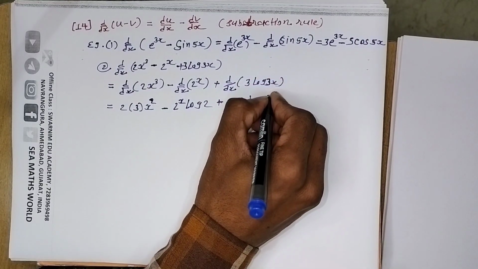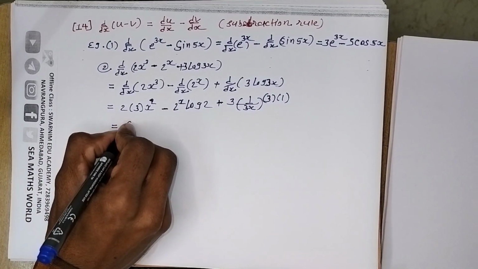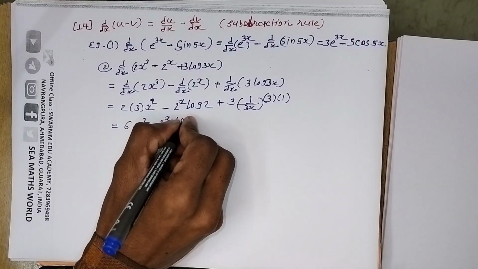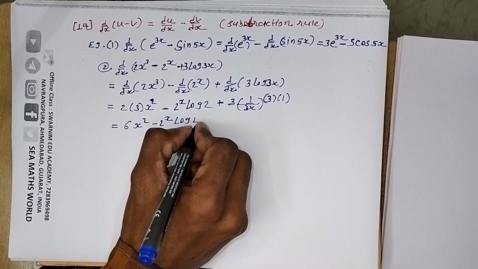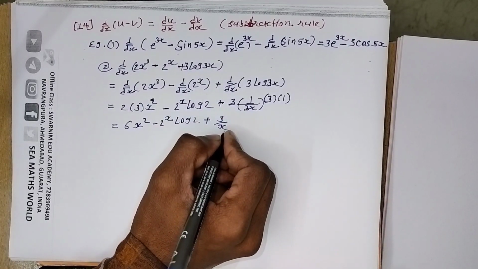So 3x differentiation is 3. So finally 3 2s are 6, x square, 2 raised to x log 2, that 3 will be cut. So finally 3 by x.